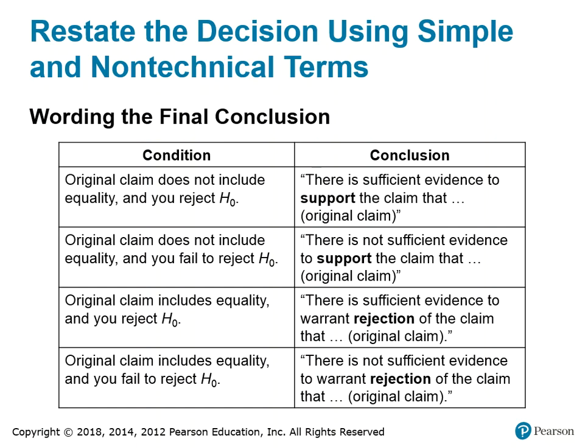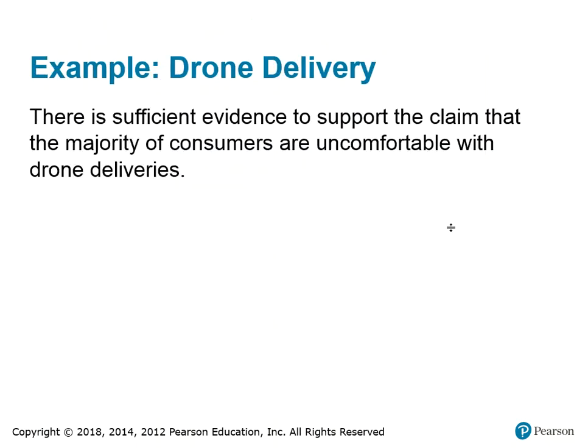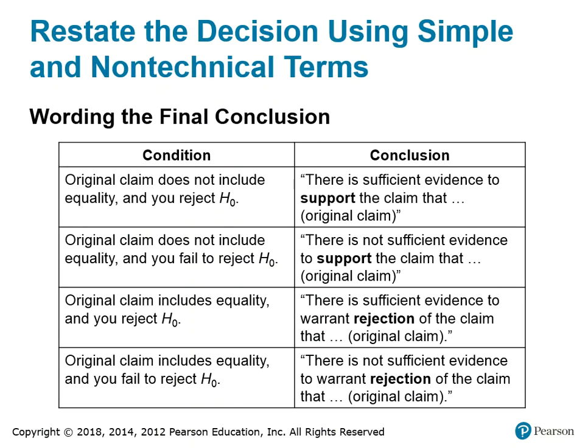Our original claim did not include the equality because it was p greater than 0.5, so we're working with one of the two top ones, and we rejected the null. That's why we were able to say there's sufficient evidence to support the claim that the majority of consumers are uncomfortable with drone deliveries. That's how we chose that, off that slide.